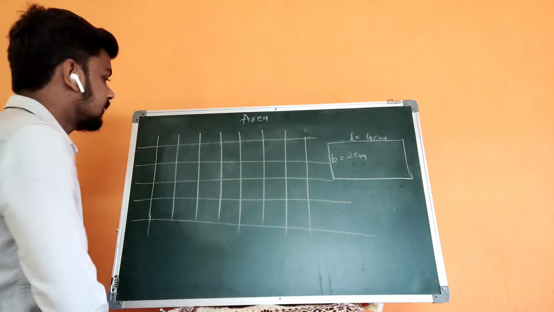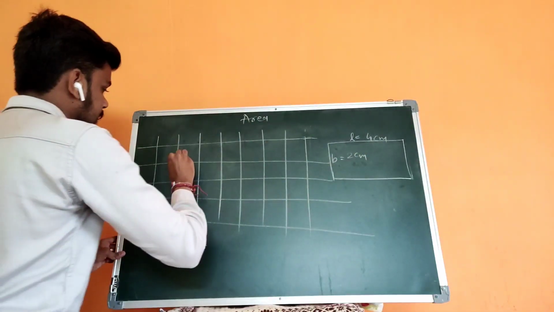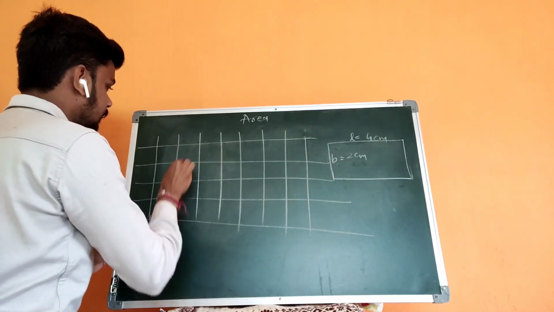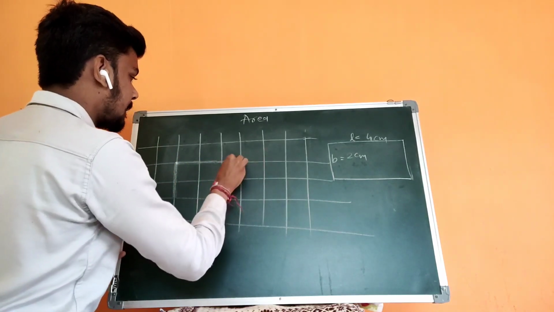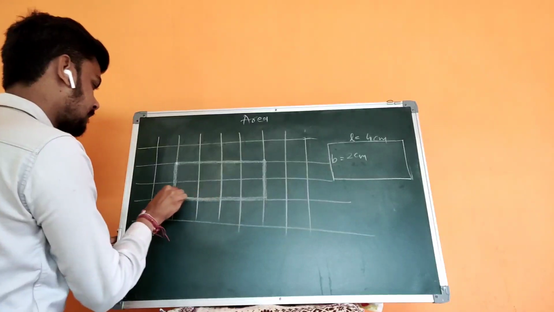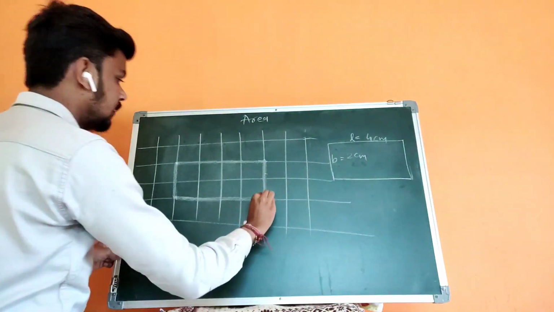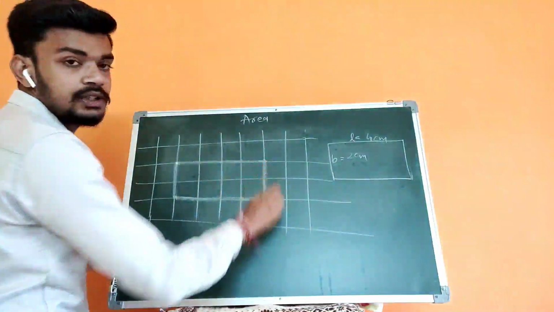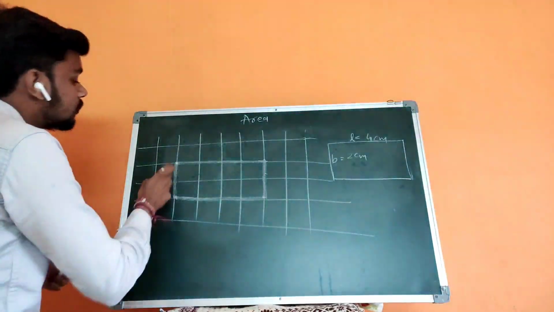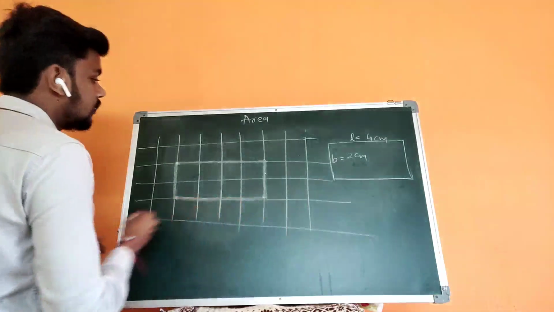So it would be like that. Then I have to cover 4 units for the length because the length is 4 centimeter, and I have to cover 2 units for the breadth because the breadth is 2 centimeter. Right?